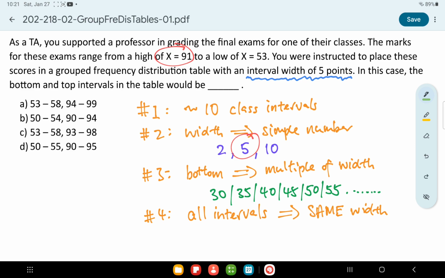The interval width of 5 points, as well as guideline number 3, the bottom needs to be multiples of the width. A is not such, C is not such. Look at the bottom of the intervals that option A indicates. There's 53, not exactly a multiple of 5. 94, not exactly a multiple of 5.